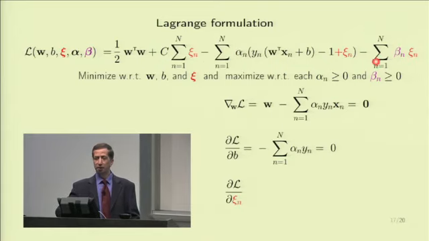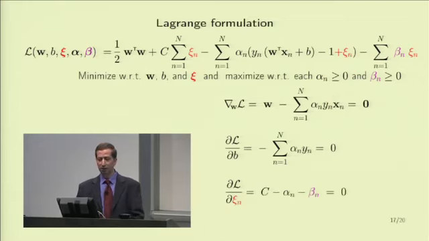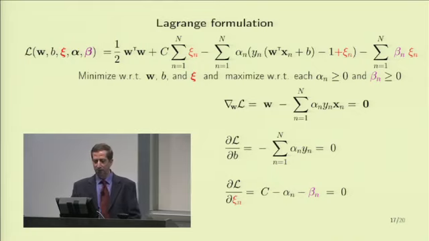Psi gets multiplied by a beta with a negative sign. So if I differentiate with respect to psi, this is what I'm going to get: C minus alpha minus beta, equate that with 0. Now, isn't that grand? Because now you are saying that this quantity is always 0 for any small n from 1 to capital N.